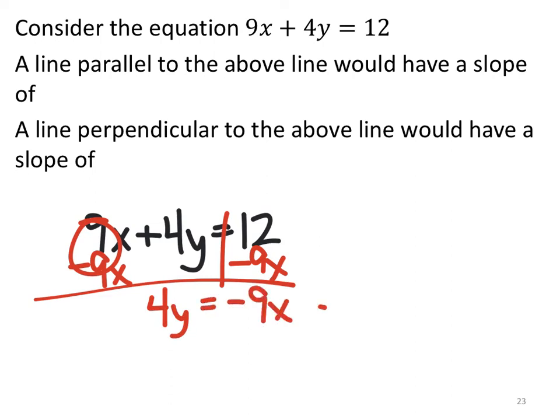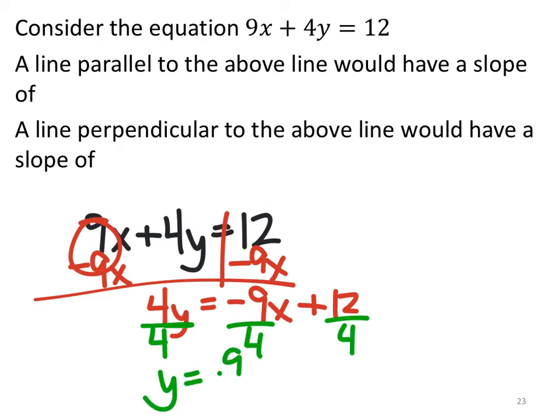We had a negative 9x and then a positive 12 right there, right? Well, then divide all the terms by 4 to get y equals negative 9 fourths x plus 3. Now, the plus 3 doesn't really make a difference because this is only asking for slopes of parallel and perpendicular lines. But I did it anyways because it was so fun.